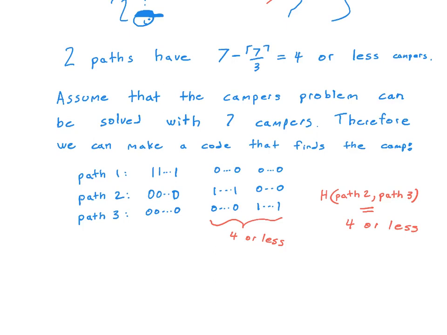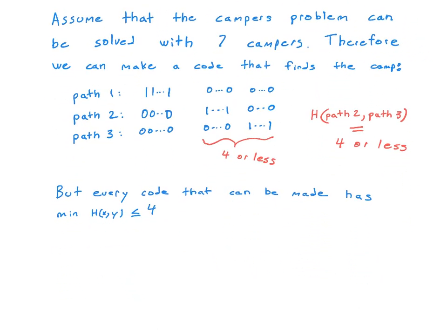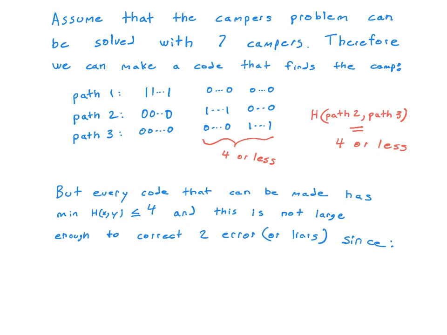So now we know that every possible code that we make has a minimum Hamming distance of 4 or less. And the issue with having the minimum Hamming distance of 4 or less is the error correction cannot be done. So we would need to be able to correct 2 errors.